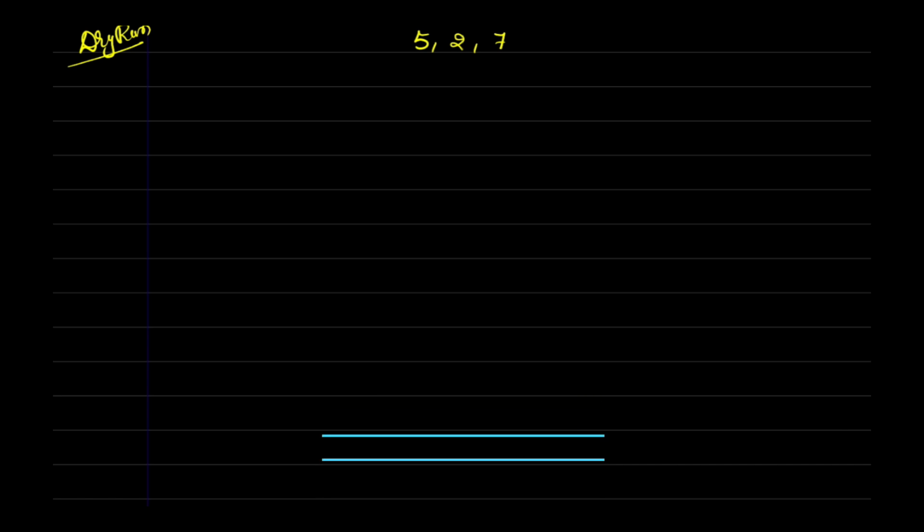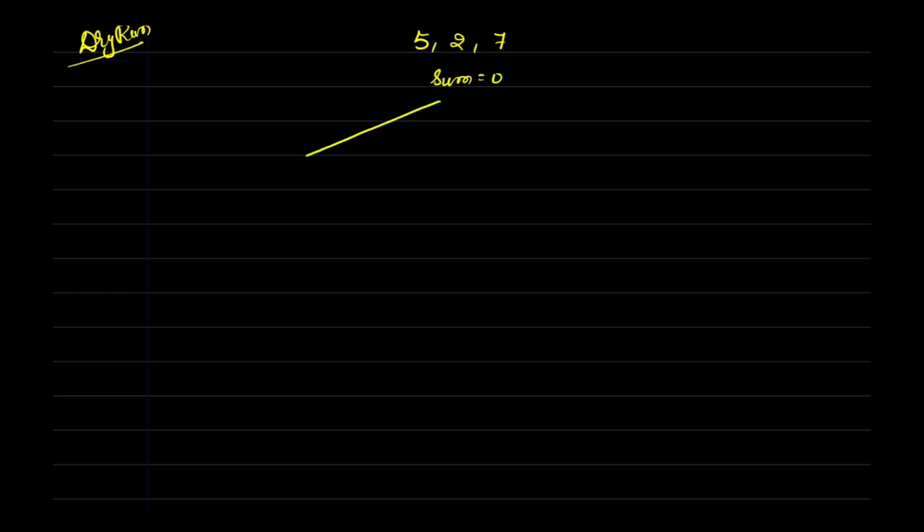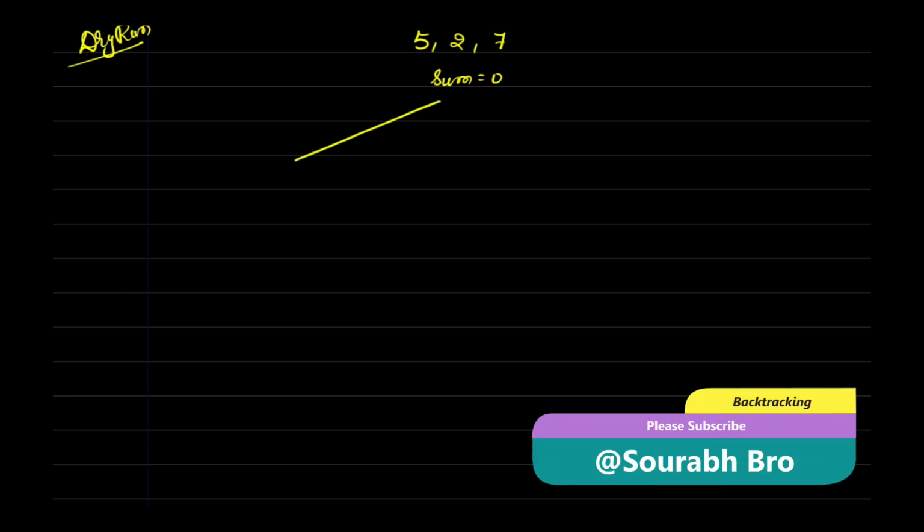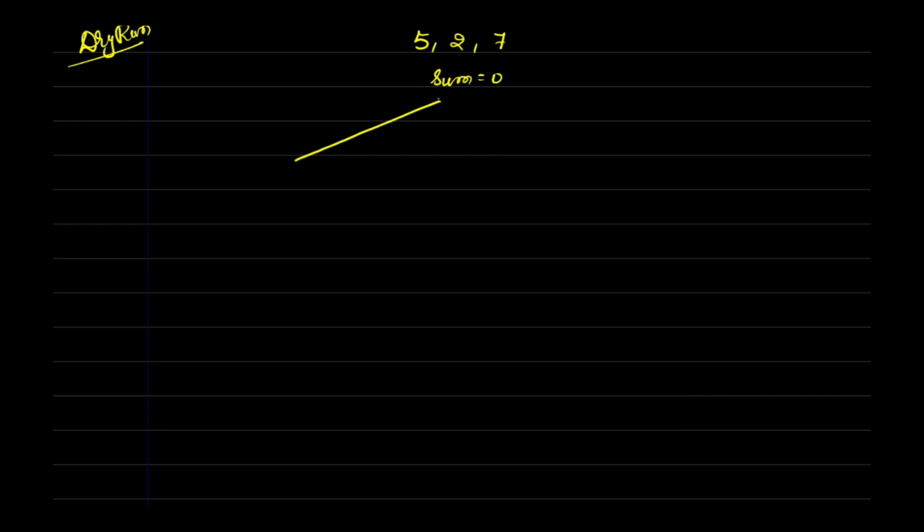First of all, we have selected nothing, so my sum is equal to 0. Now from here we have two choices: either I will pick the index or I will leave the index.